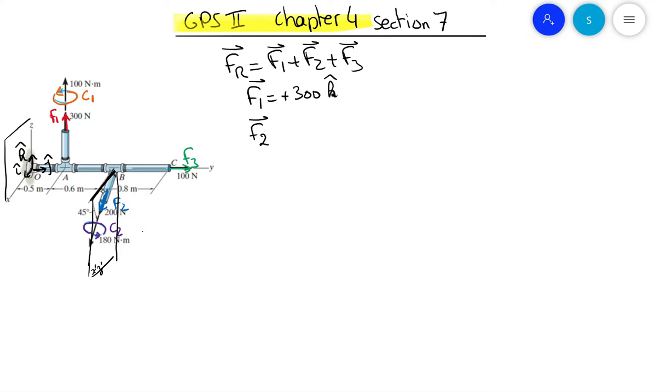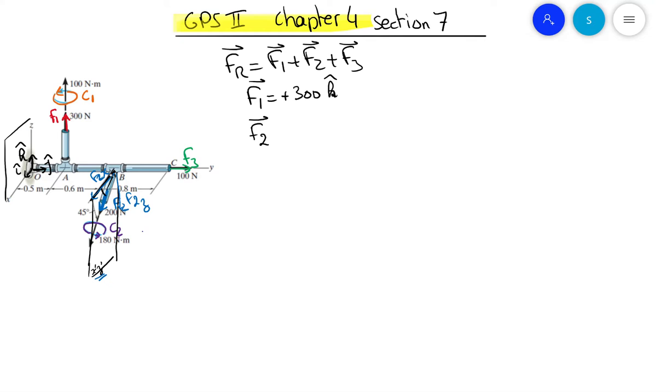This F2 makes an angle of 45 degrees, so we have F2 on x and going down F2 on z, because it's a plane x and z.